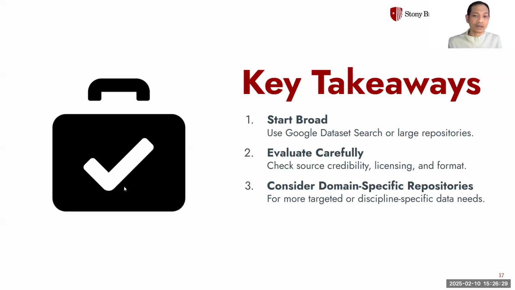And finally, you might need to consider domain-specific repositories as well. You can explore specialized or institutional data repositories when your project needs more targeted or discipline-specific data. These steps will help you find and use open data more effectively.